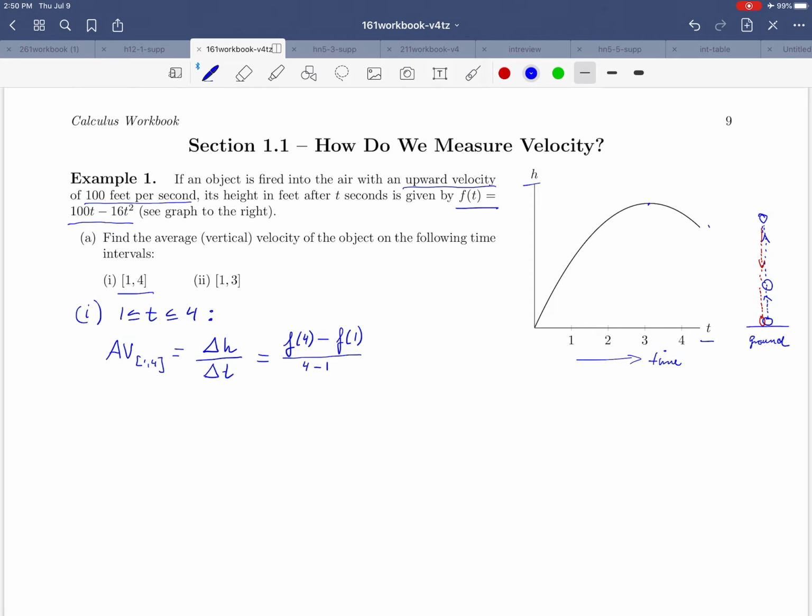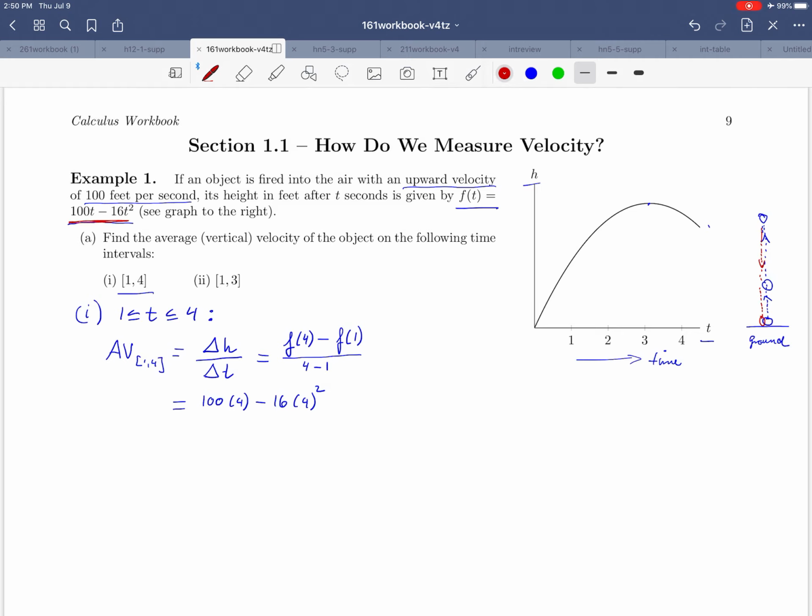All right, so we can evaluate our function. We have a formula for our function, and we can evaluate that formula at 4 and at 1 second. So at 4 seconds, we get 100 times 4 minus 16 times 4 squared. I'm going to underline again.